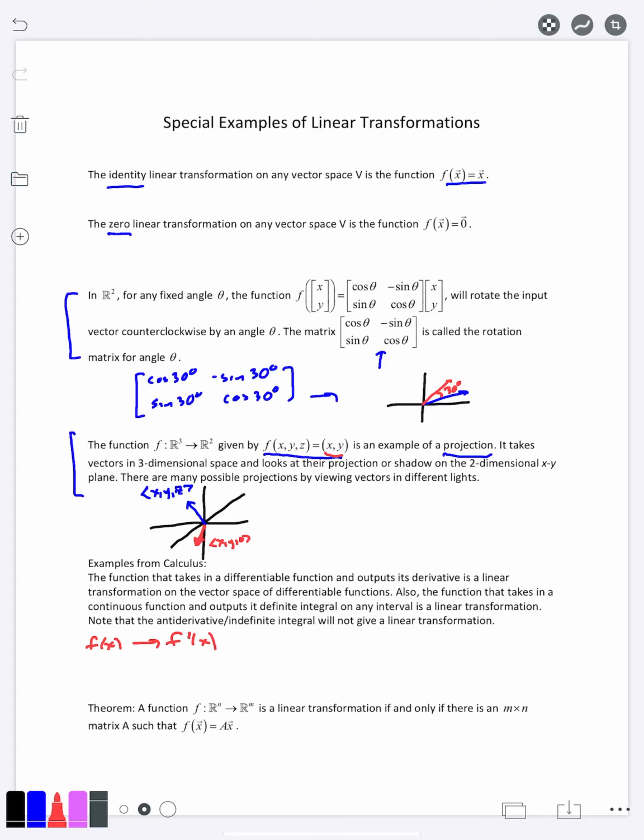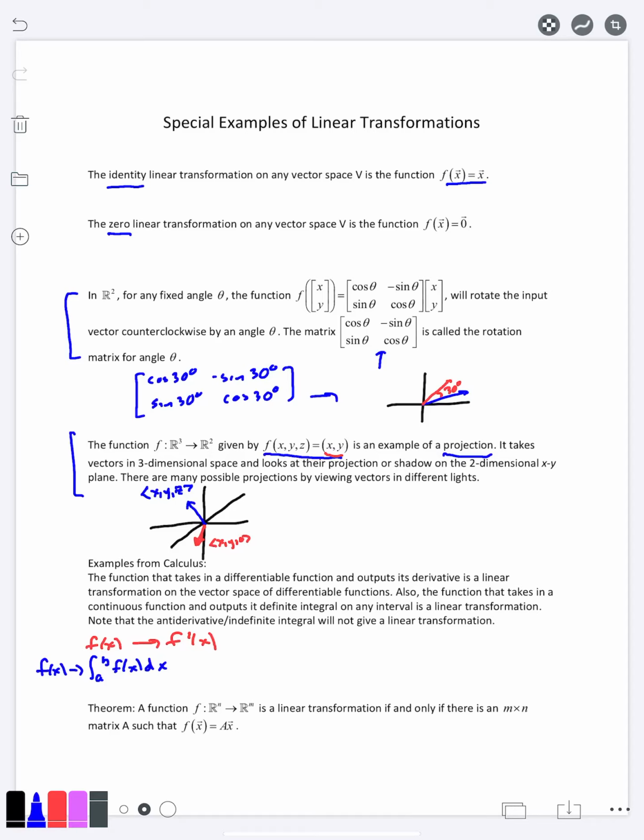So the derivative is a linear transformation. Also, if you do an integral, specifically a definite integral, that is also going to be a linear transformation.